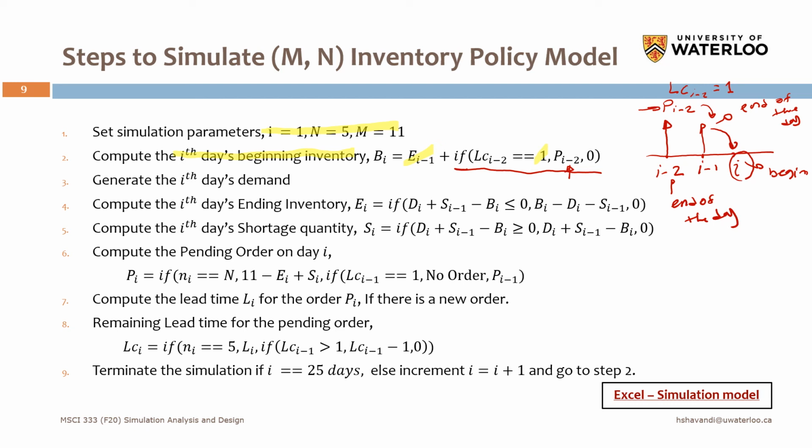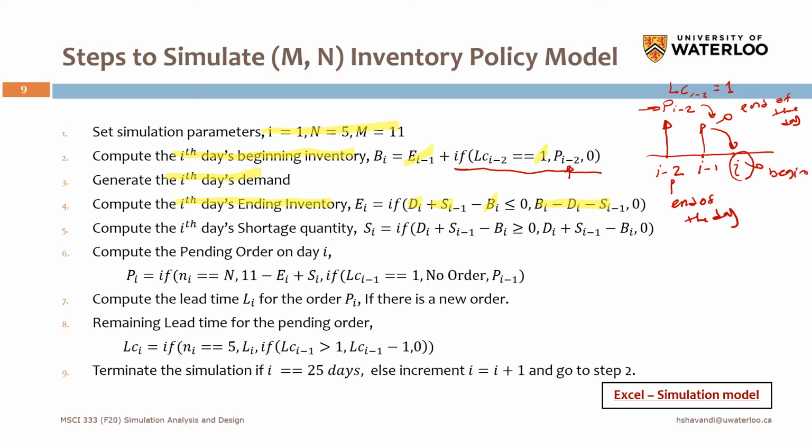Then we generate the demand of day I, and then we can calculate the ending inventory of day I. As you see here, if the demand of day I plus the shortage of the previous day minus BI, the beginning inventory, is less than or equal to 0, I mean it's negative, then the ending inventory will be BI minus DI minus S(I-1).